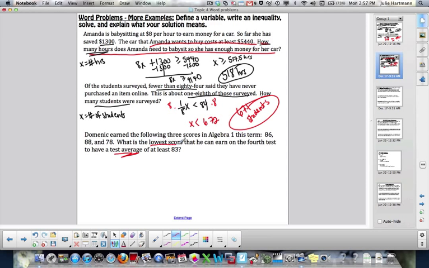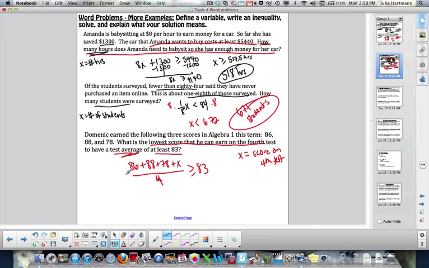So you're looking for a score on the fourth test, so x equals score on fourth test. So our average, at least 83, means greater than or equal to 83. And how we find an average, we add up our four test scores, 86, 88, 78, and x, divide by 4 because there's 4 tests.